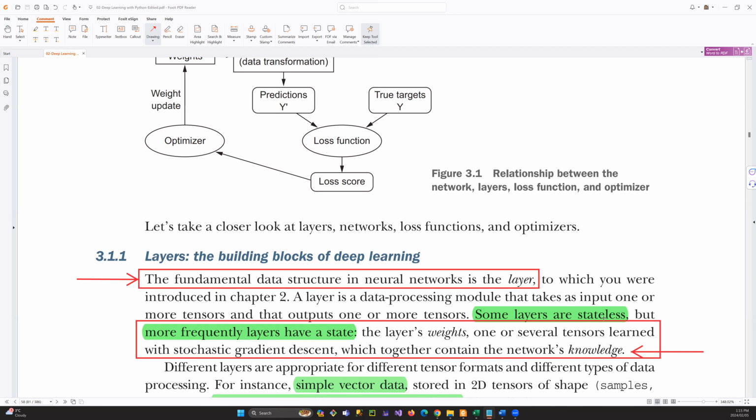Ali, correct. I repeat my question. Whenever you show a picture, or a handwritten digit, it is going to just go from the beginning all the way to the end, right?